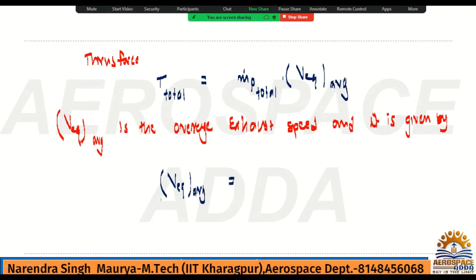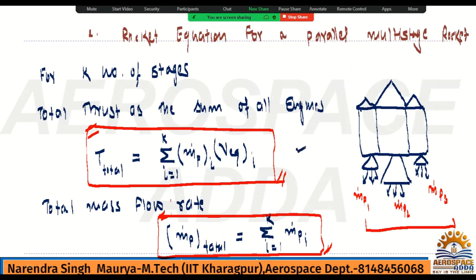So the average will be, check, total thrust divided by total mass flow rate of the propellant. You have seen the total thrust. See this value, this is the total thrust and this is the total mass flow rate.